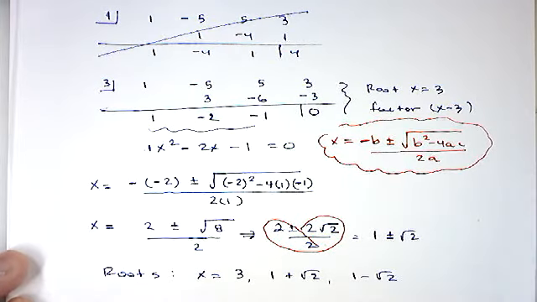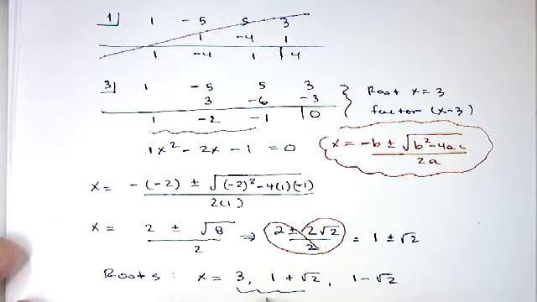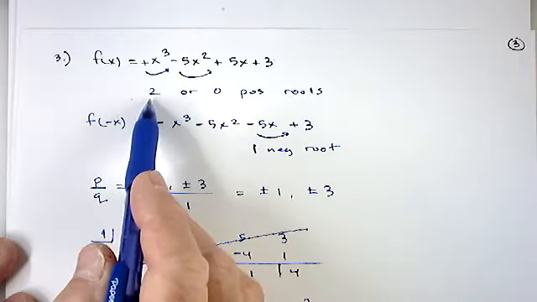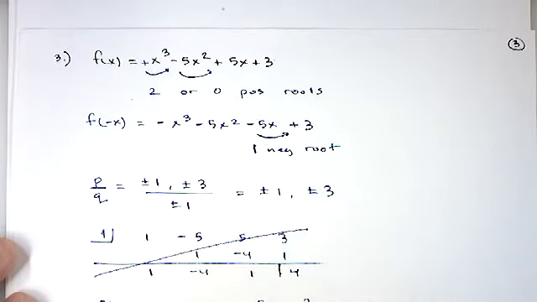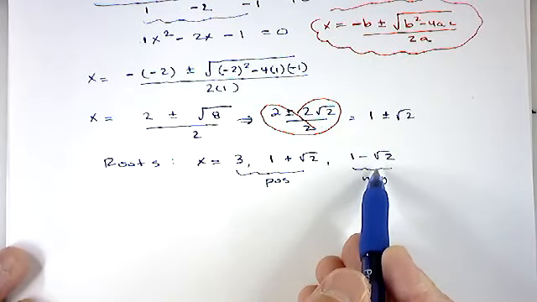Let's see how that works with Descartes' rule of signs. These two are positive, so I do have two positive roots, and as promised, there's our one negative root, right? We could either have 2 or 0 positive roots and 1 negative root. So they don't have to factor nicely to still fit with Descartes' rule of signs.